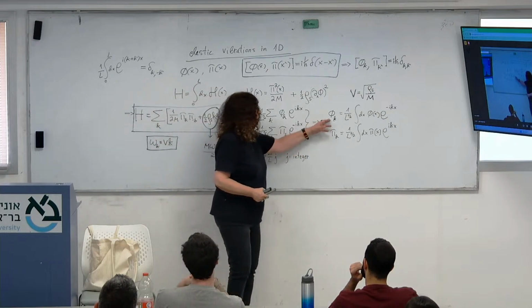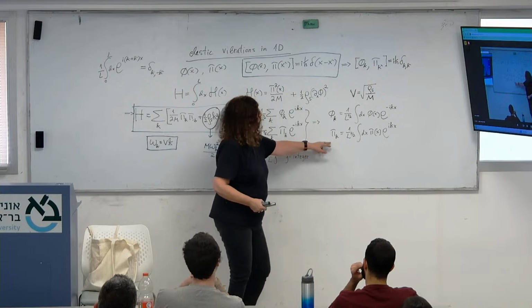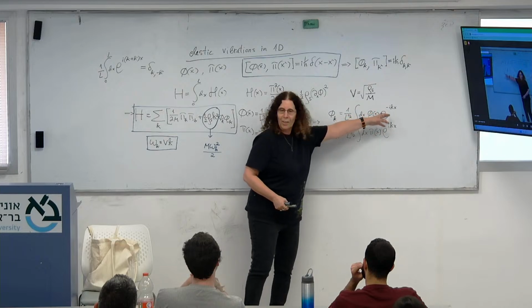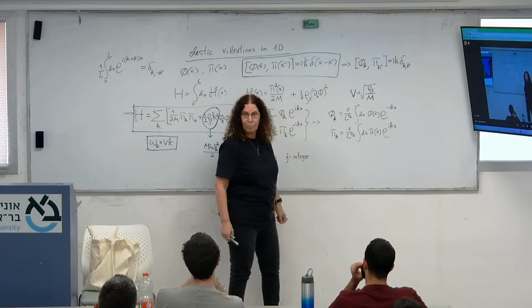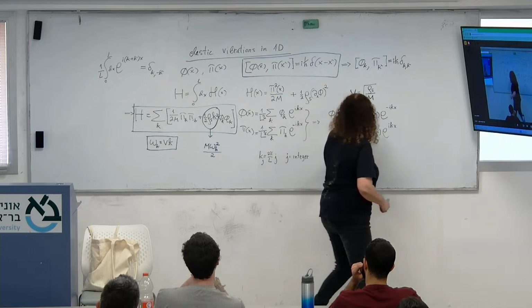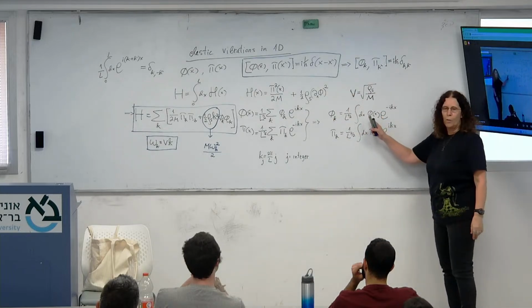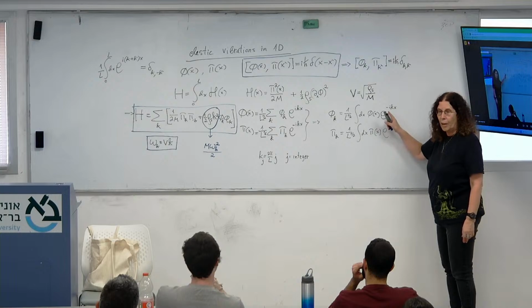But what about phi k and pi k? They are not Hermitian. Why? Because there is an i here, right? So what will be phi k dagger? Phi dagger equals phi, but the conjugate of this is plus, right?